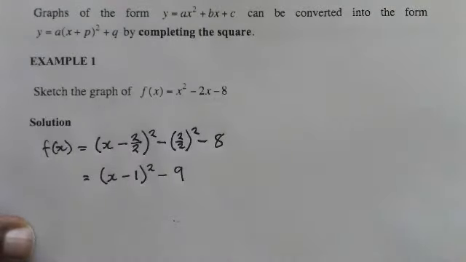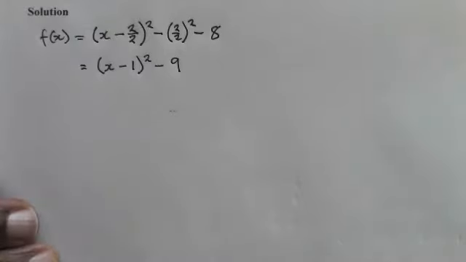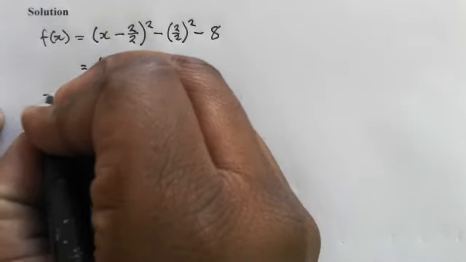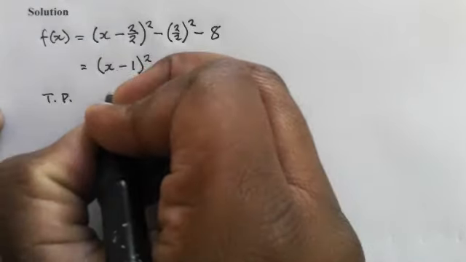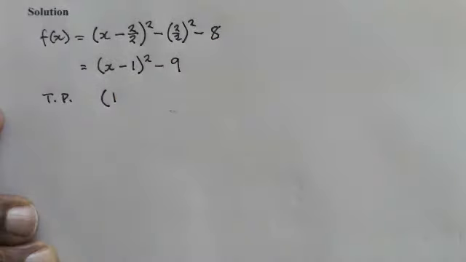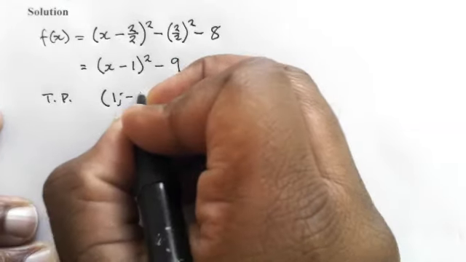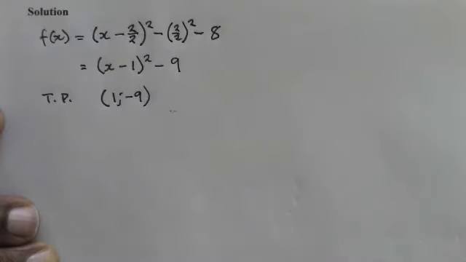So let's find our intercepts. First of all, let me find my turning point. Remember, the turning point is this negative 1, but we make it a positive, so it's 1. And take that negative 9 as is. That's our turning point.